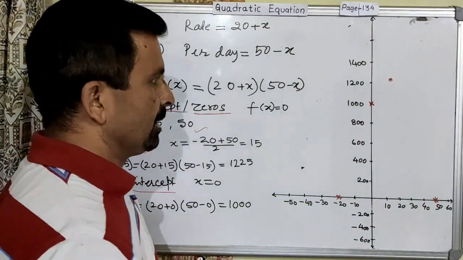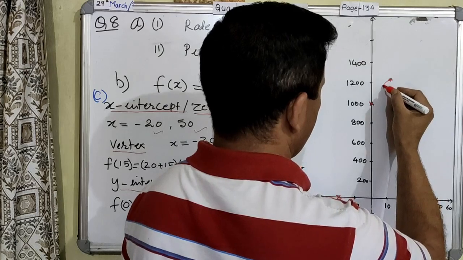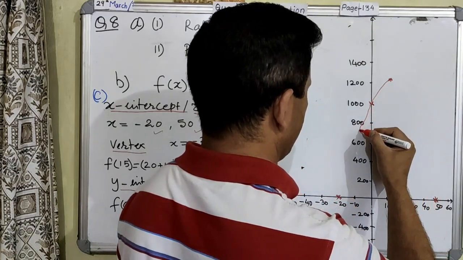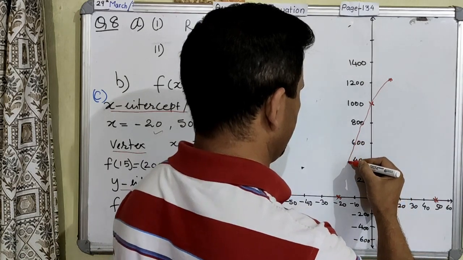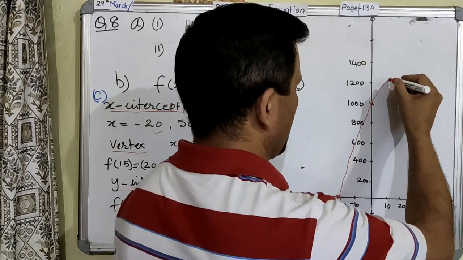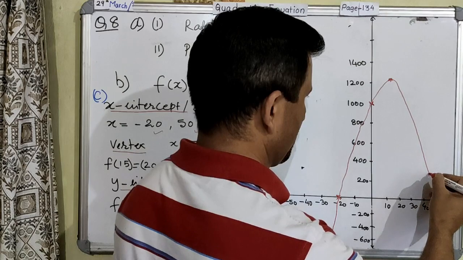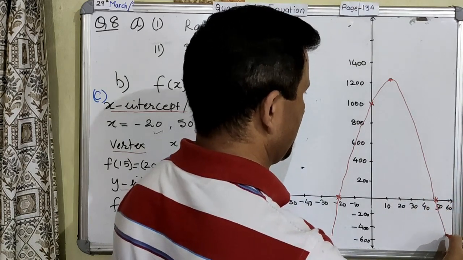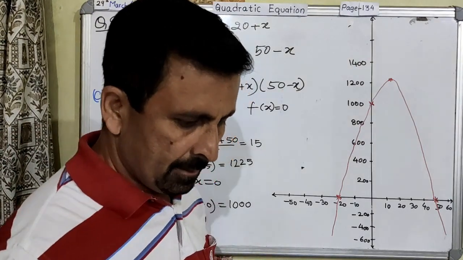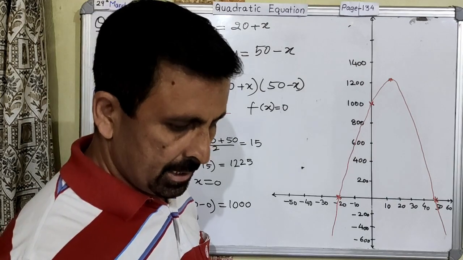We now have to join them with a freehand curve. This is your parabola. Is this very clear? This is the end of the graph of this equation.